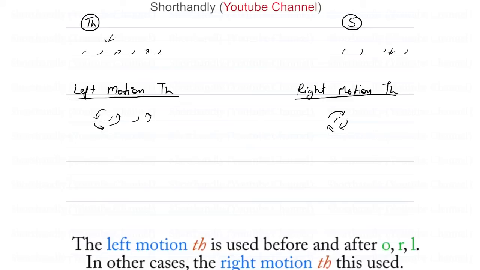So suppose we have this word called do. If you pronounce it, it goes like do, so we have this O here, and the statement says that the left motion it is used before and after ORL.